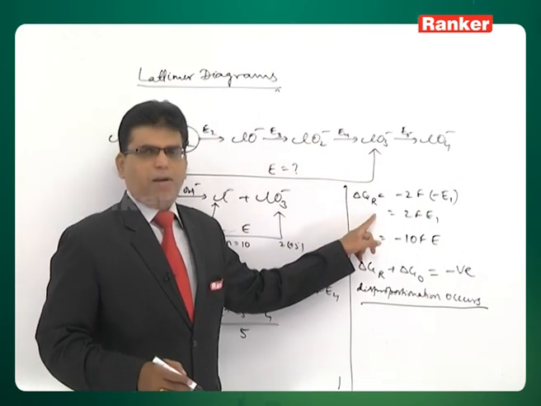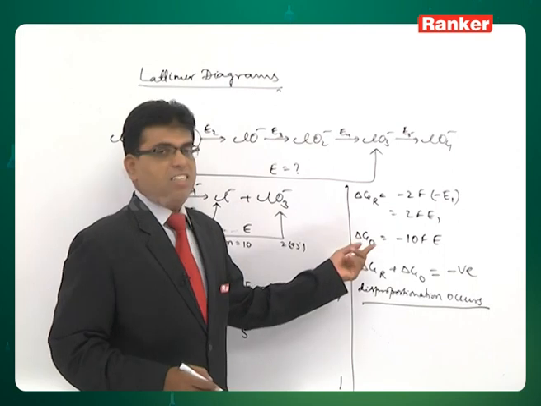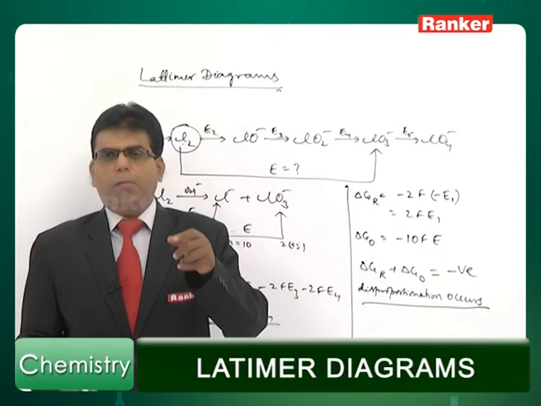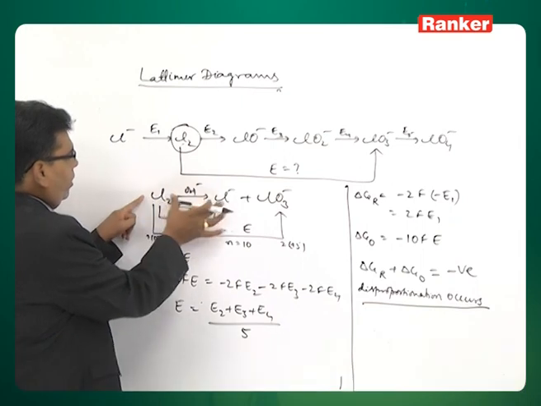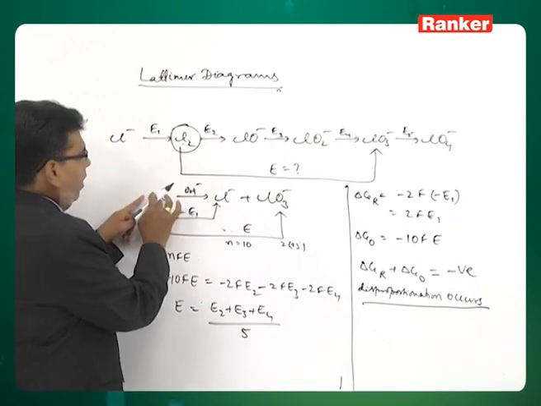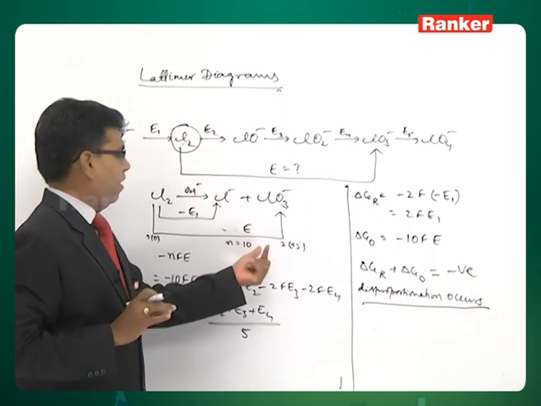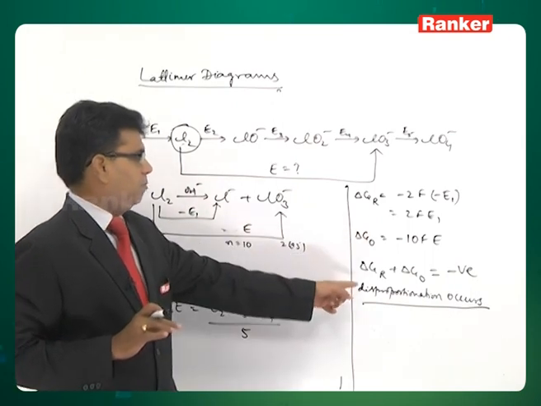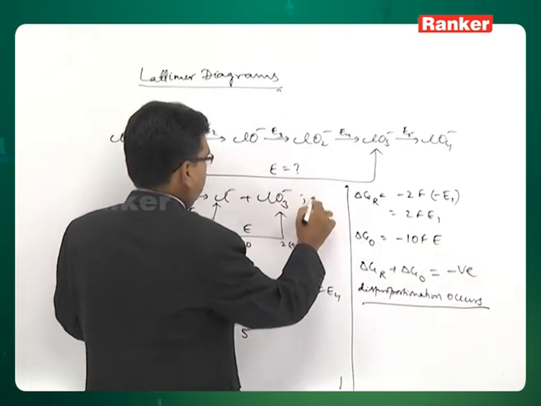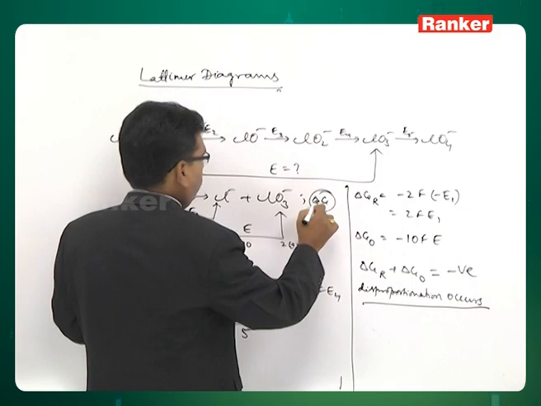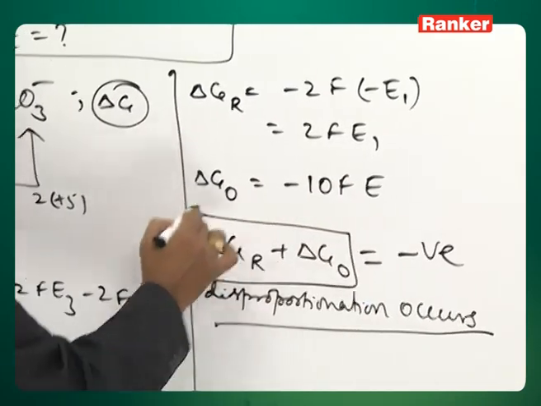Delta G reduction plus delta G oxidation, that is free energy change involved in the reduction plus free energy change involved in the oxidation of this chlorine, that is for this reduction and for this oxidation. From the values of E, we can estimate what is the net delta G, means for overall reaction delta G. This overall delta G is what we are determining here in terms of this.